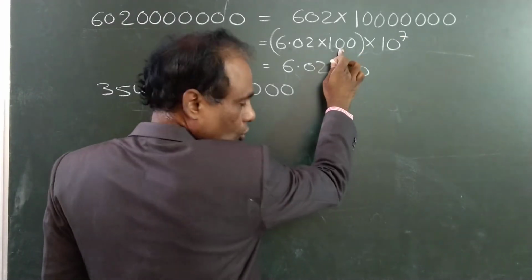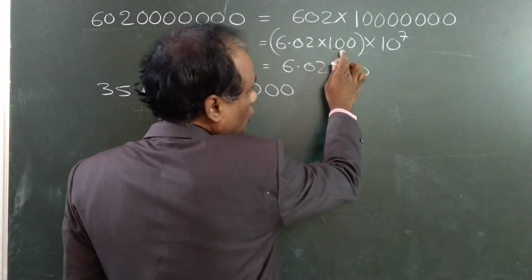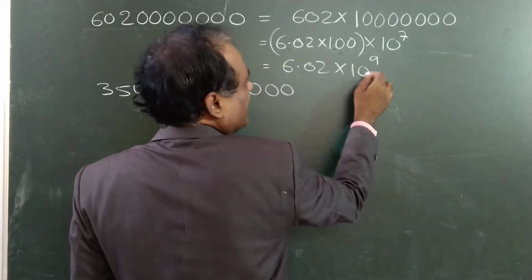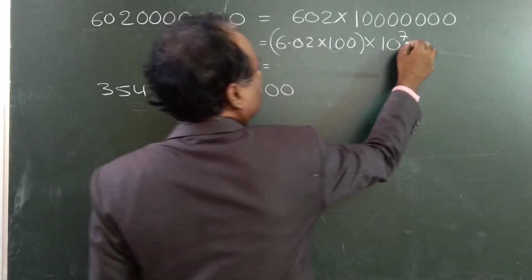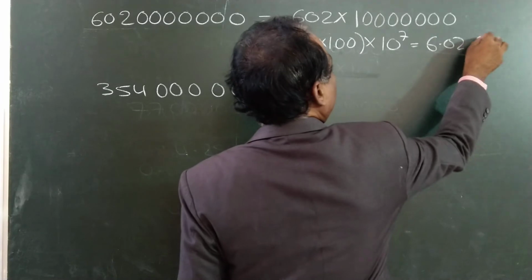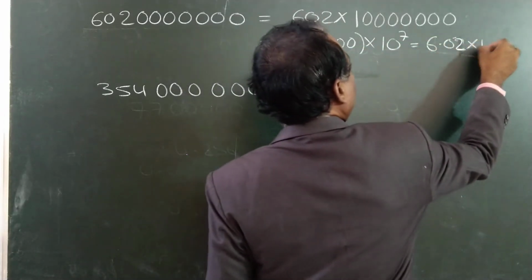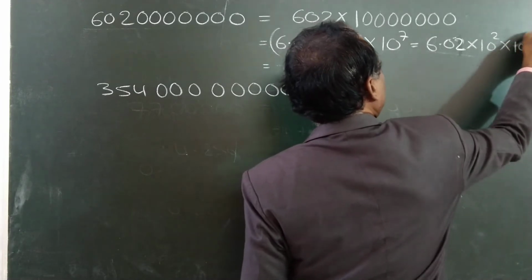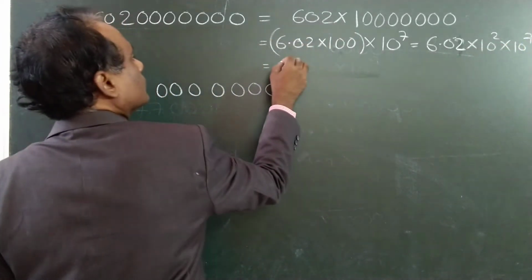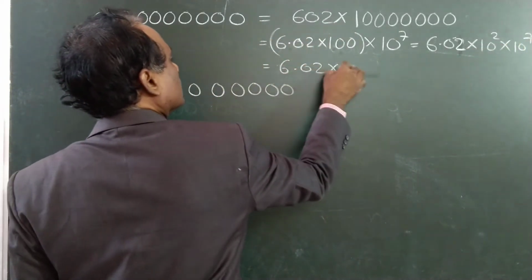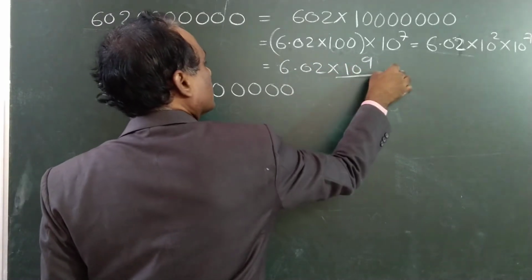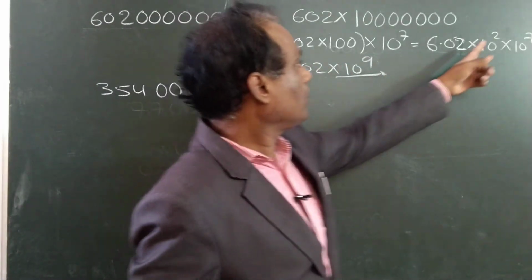This is 2 tens, so 2 plus 7, 9. Directly I am writing, or you can write one more step: it can be written as 10 square, total 9. 2 plus 7, 9.